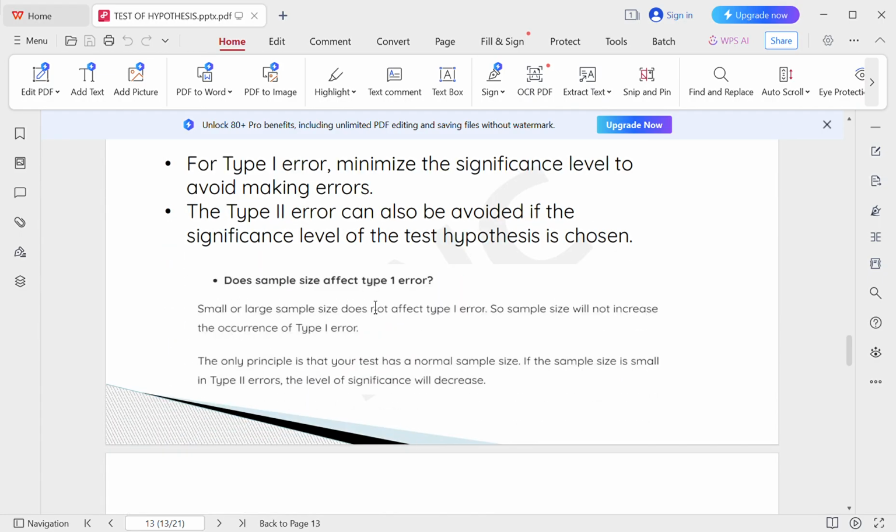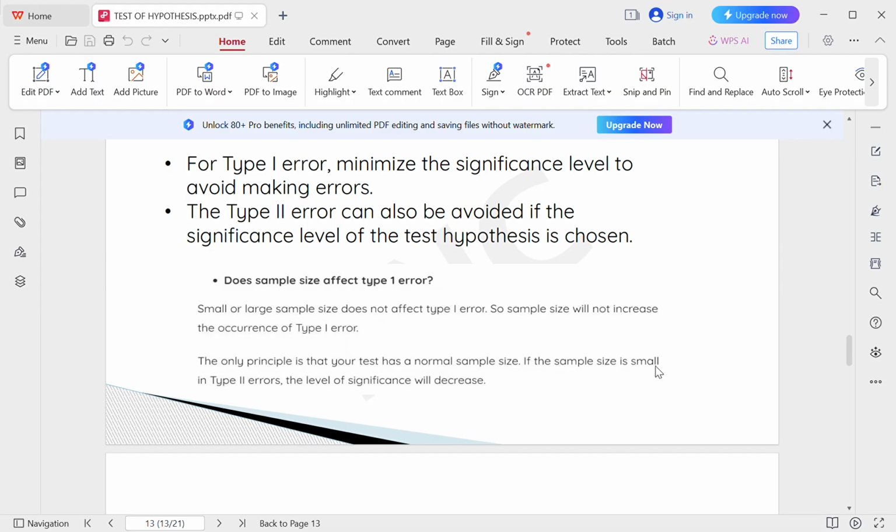Does the sample size affect type 1 error? Small or large sample size does not affect type 1 error. So, sample size will not increase the occurrence of type 1 error. The only principle is that your test has an adequate sample size.